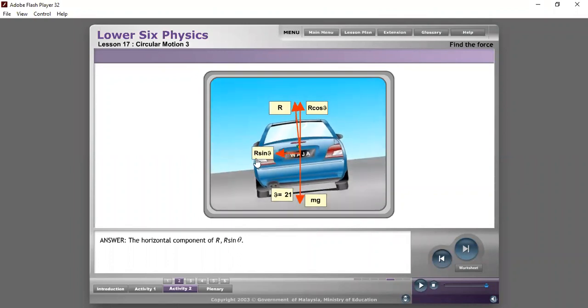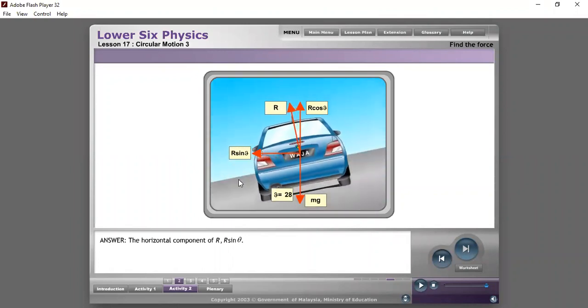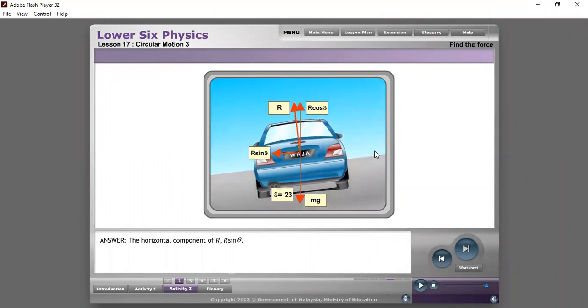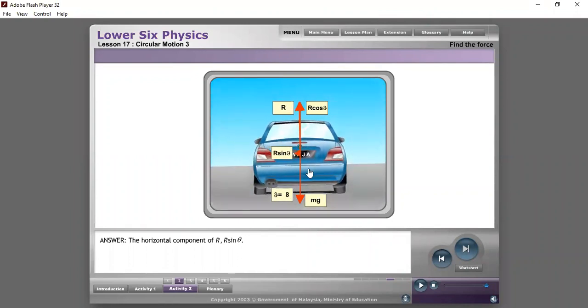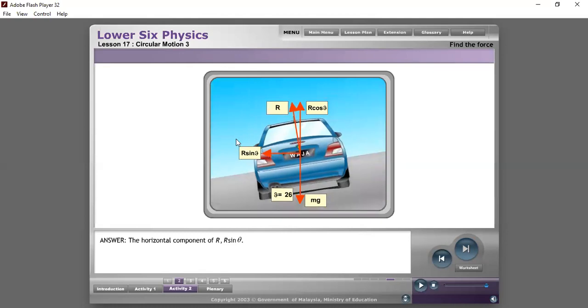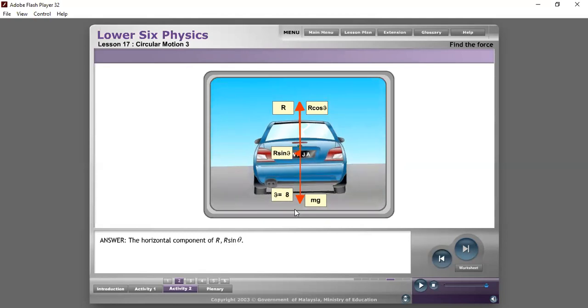When turning at the corner, if the road is inclined a bit, there is R sin delta. If the vehicle turns at the corner without any inclined angle, it will not have any R sin delta. Observe, without any inclined angle, no R sin delta, right?